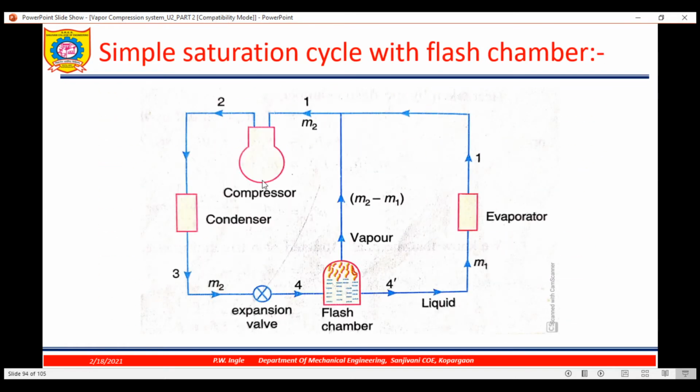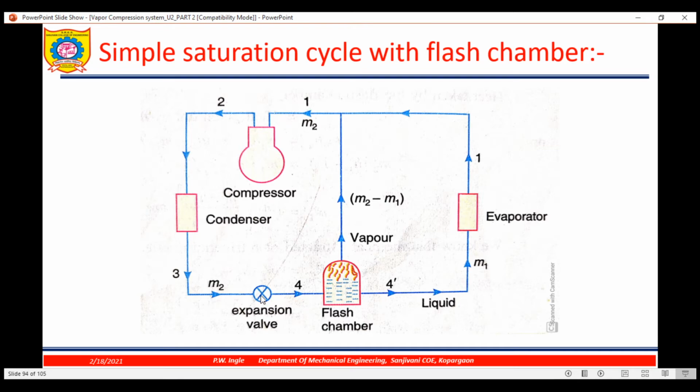So in short, you see here after condensation, when refrigerant passes through the expansion device, some of this refrigerant will evaporate. Now if you pass this refrigerant after the expansion device to the evaporator, some vapor may be carried to the evaporator, but the condition is that we should supply 100% refrigerant in liquid condition, which is not possible.